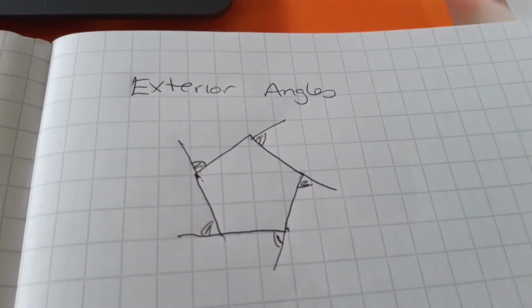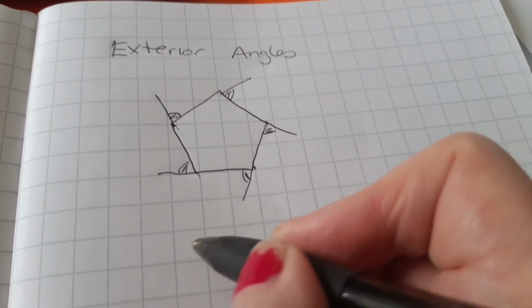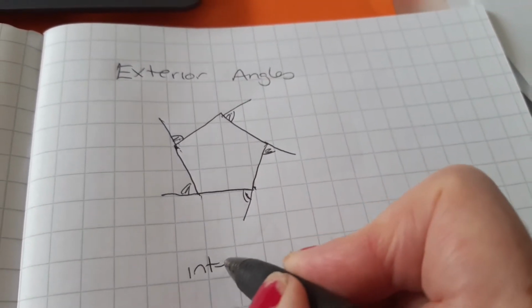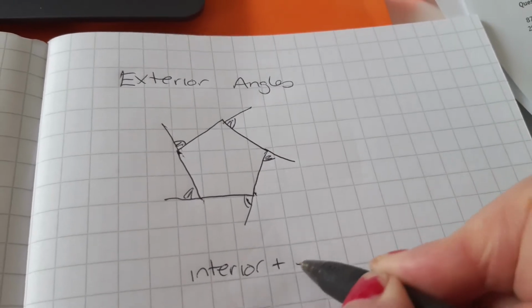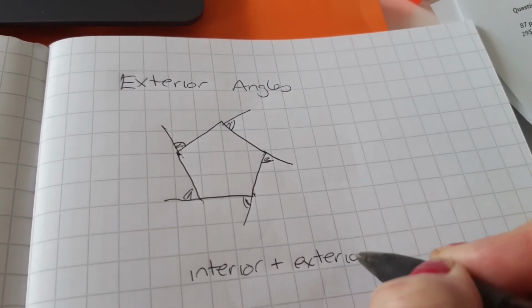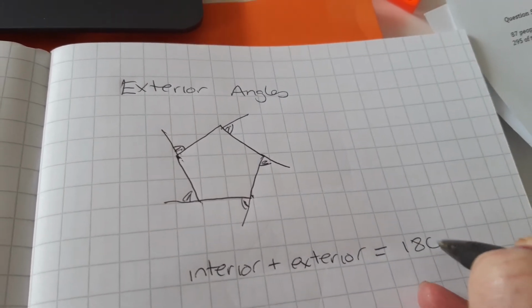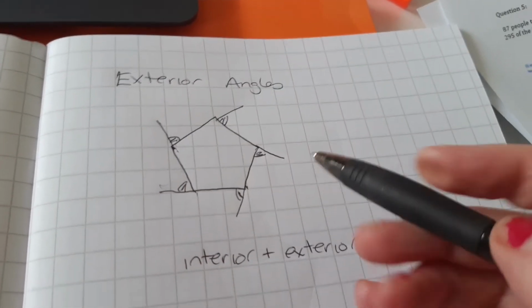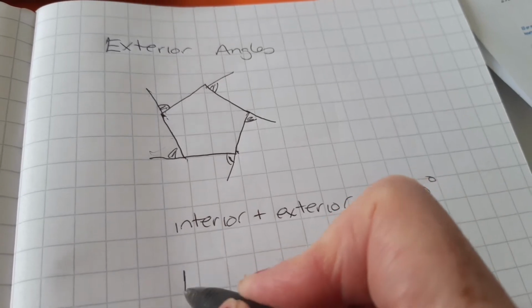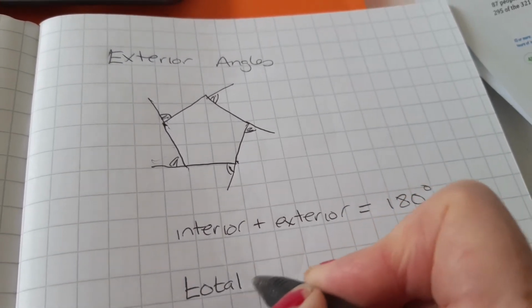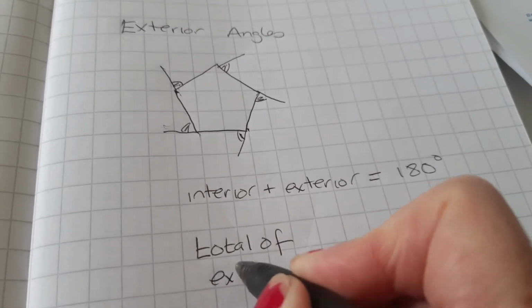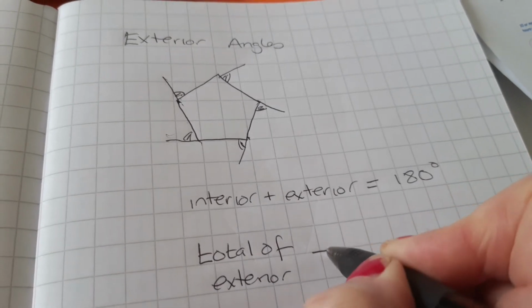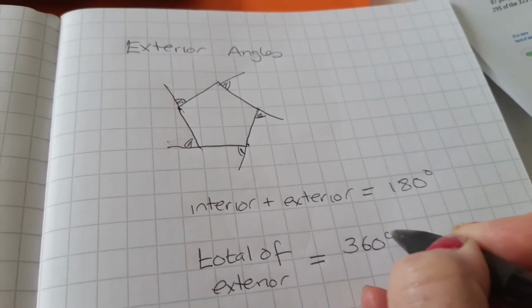There's two things you need to know about them. First of all, the interior and the exterior at each corner makes a straight line, so it adds up to 180. You can see it makes a straight line each time. The other thing is for any shape, the total of the exterior is always 360 degrees.